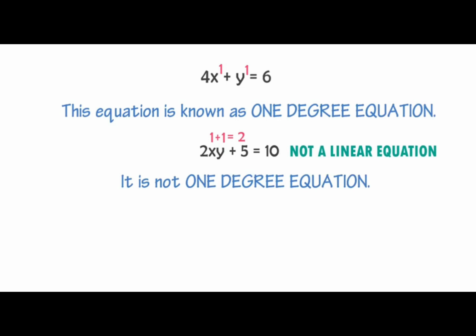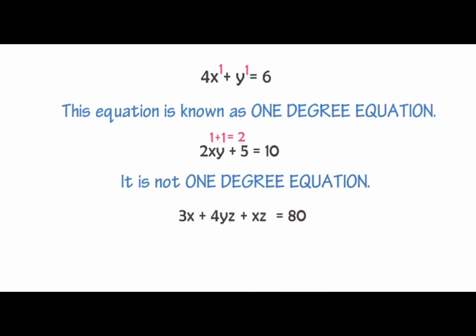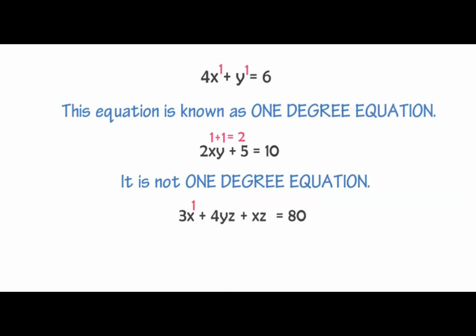Now, again, if I write 3x plus 4yz plus xz equals 80. In this equation, there are four terms. The power of the first term is 1. The power of the second term: y is 1 and the power of z is also 1. Hence, 1 plus 1 equals 2.